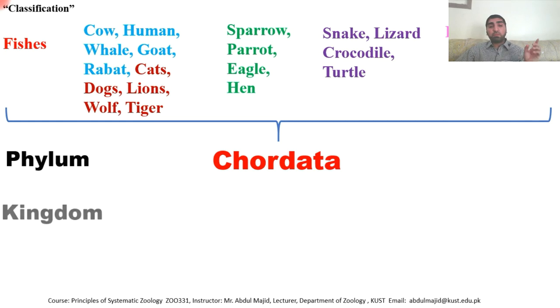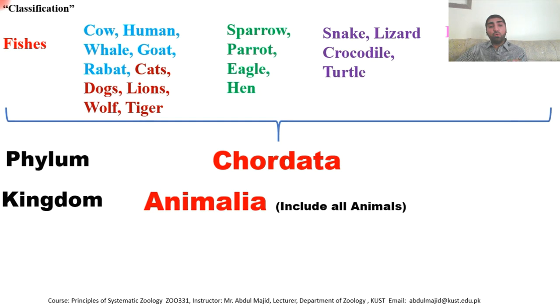And now we will place all animals, the invertebrates, the honeybee, the amoeba, the sponges, the salamanders, the worms, the nematodes, the scorpions, and the starfishes. All of these are now grouped into a kingdom Animalia as a very supreme group, a very huge group, because they have some characteristics in common.